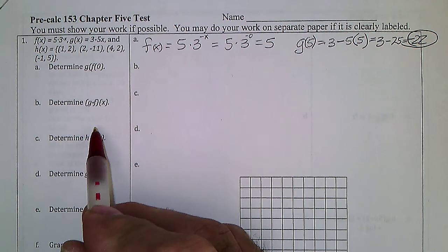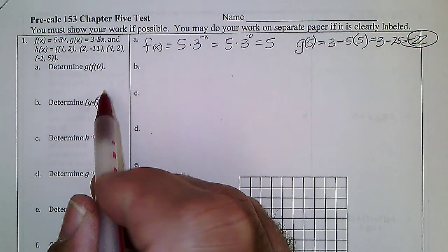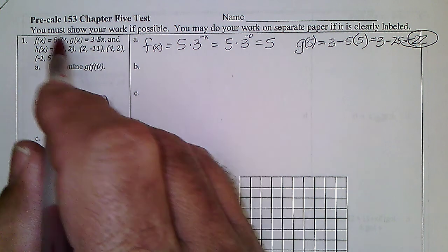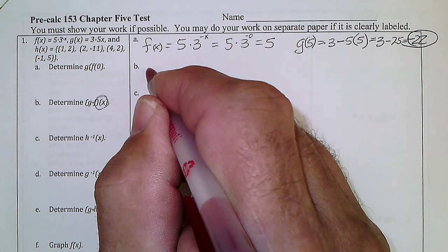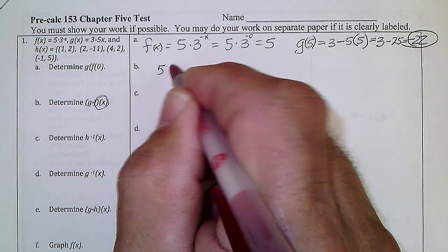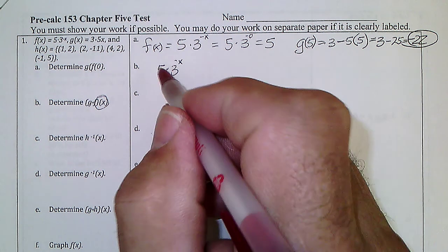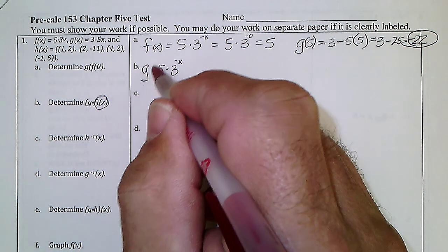Next, we're supposed to put f of x into g. So f of x is 5 times 3 to the negative x, and so we're supposed to put that into g.